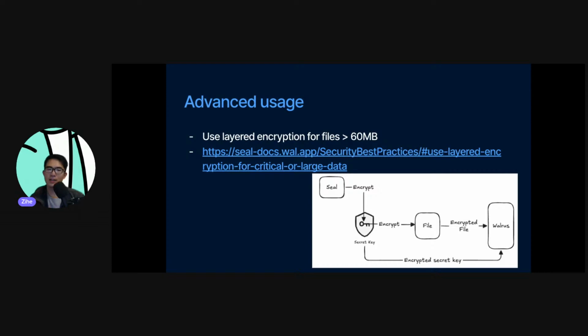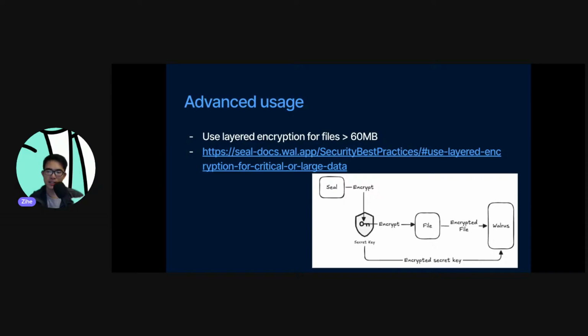So then you have a layered encryption scheme. I'll show you guys a little bit later as well. The diagram there kind of shows you how to do that. You're basically uploading an encrypted version of the file on Walrus, but you're also uploading an encrypted version of the secret key somewhere else, right? It could be Walrus, it could be anywhere else.